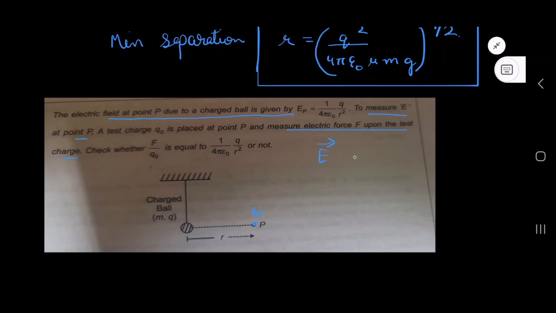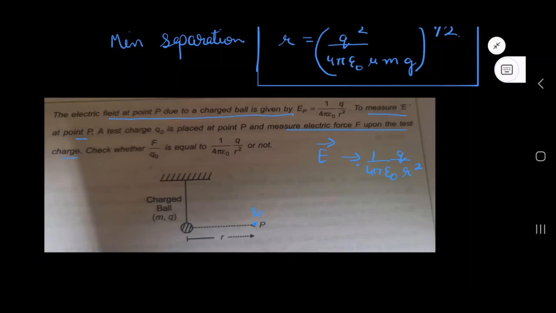And they are asking whether this electric field is equal to 1 by 4 pi epsilon naught q upon r square. As we know, this is the general formula of electric field. So we have to check this. In the first go, one may answer that, right, this is equal to this expression.